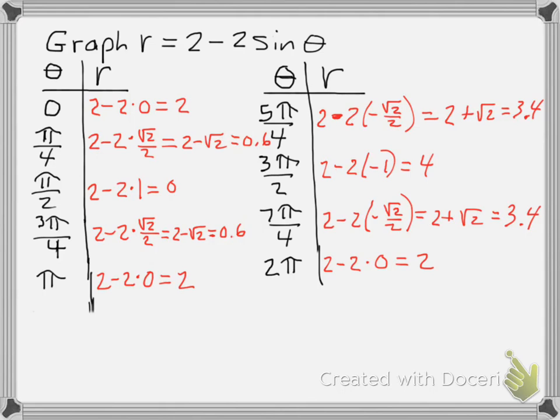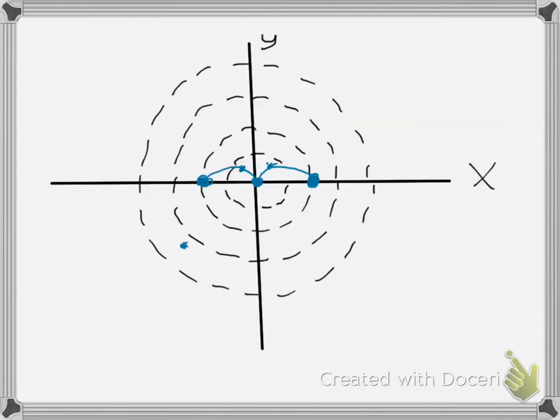At 3 pi over 2, or 270 degrees, I'll be on the bottom portion of the y-axis. We will be 4 away from the origin. So I'll be down to here on the circle that's 4 away from the origin. So let me connect these last 2 points. So I'll curl down to here, pick up that point, down to here.